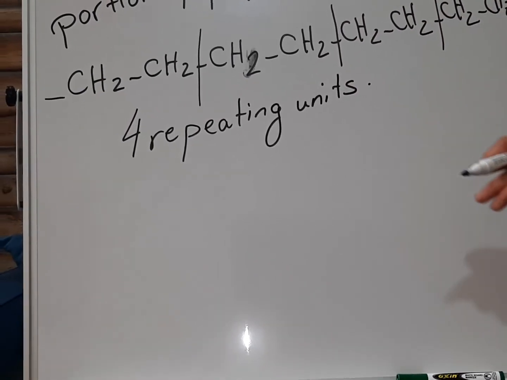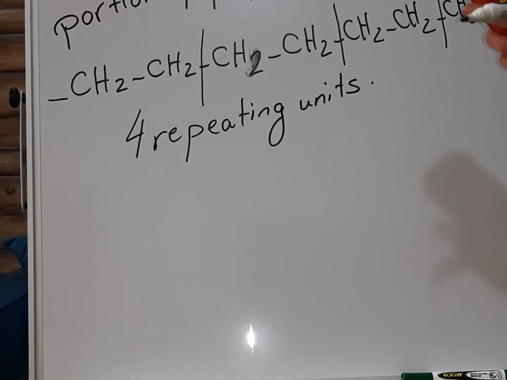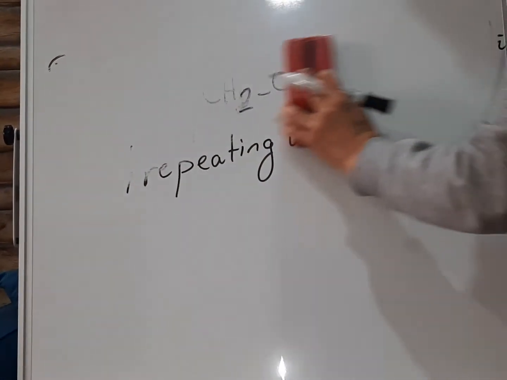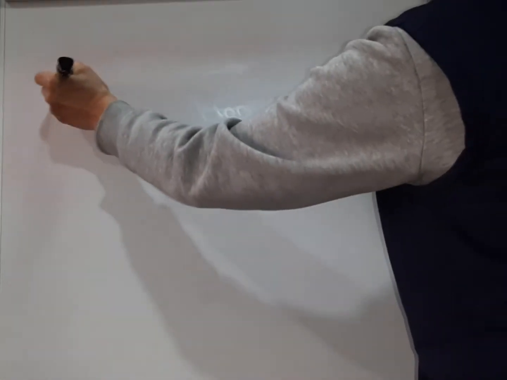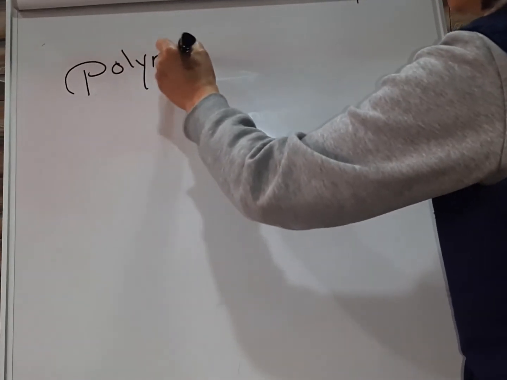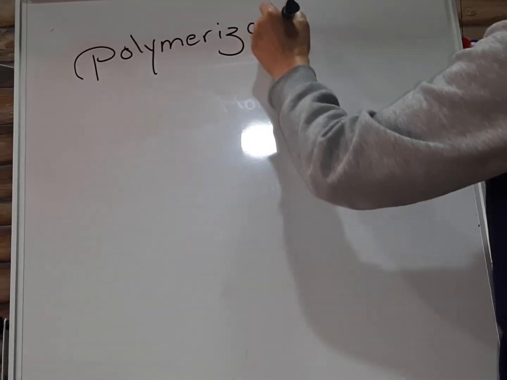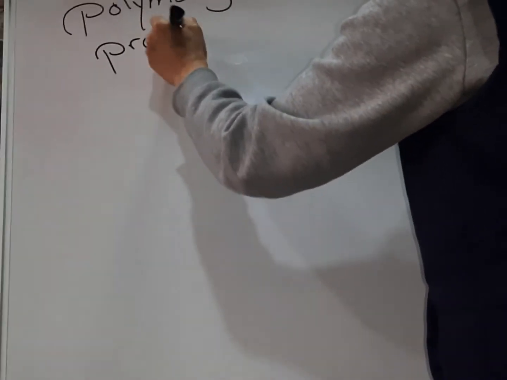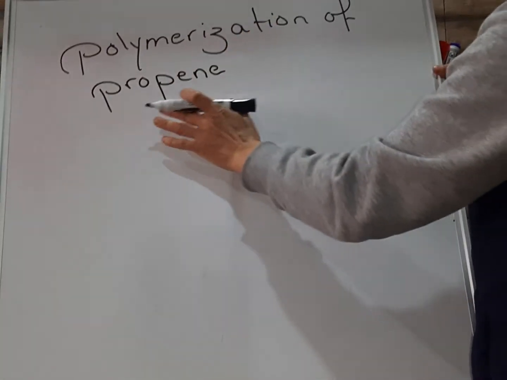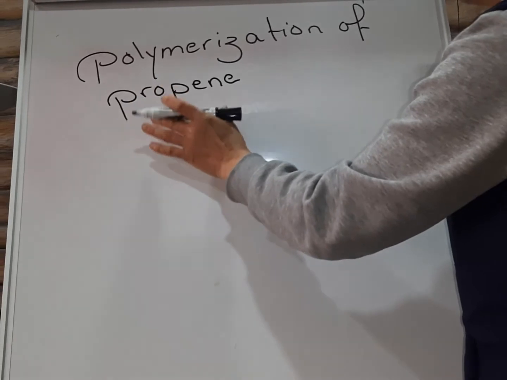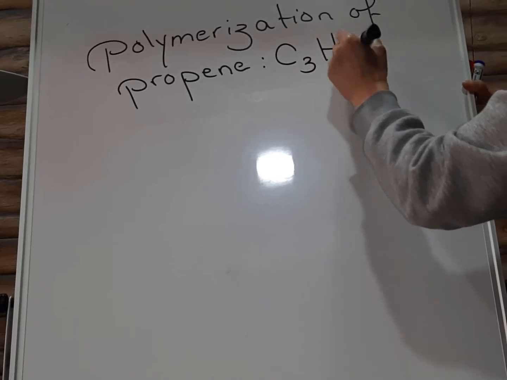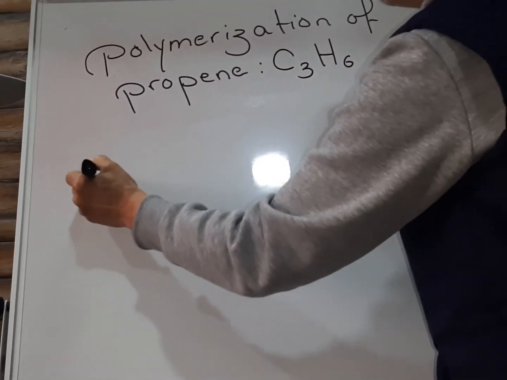Now, let me consider another example. Polymerization of propene. As we know, each monomer of propene has the molecular formula C3H6. So I start with propene.